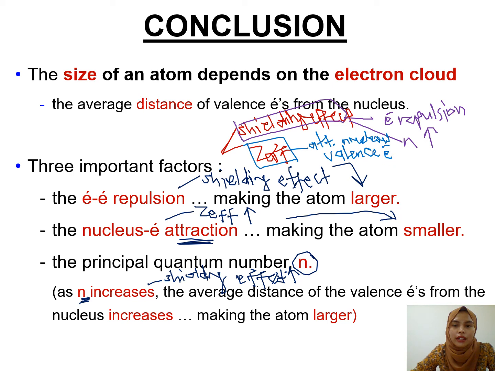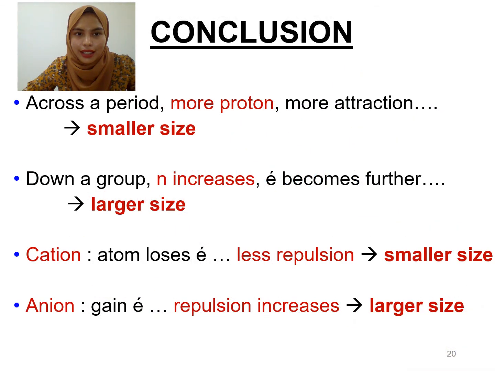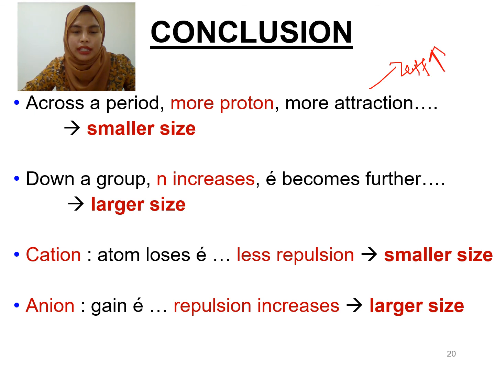If the attraction between the nucleus and valence electron increases, then the effective nuclear charge also increases. And you need to remember, across the period in the periodic table, there will be more protons, therefore there will be more attraction between the nucleus and valence electron, which contributes to Zeff. Zeff increases, therefore the size will be smaller.